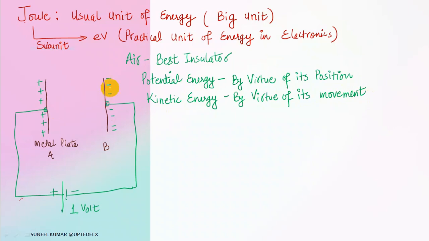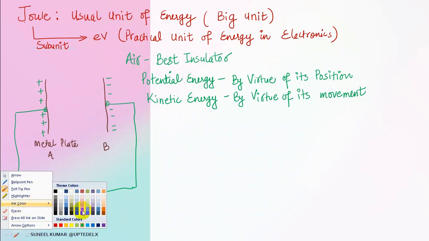What we can do is create a vacuumized space between these two metal plates. We have a vacuum tube, that is a glass tube, to create vacuum between these two plates. So we are creating vacuum.